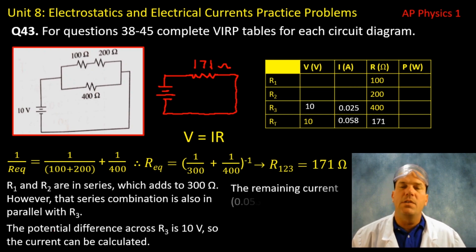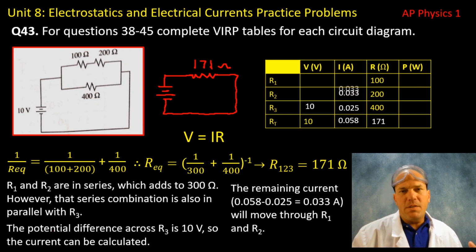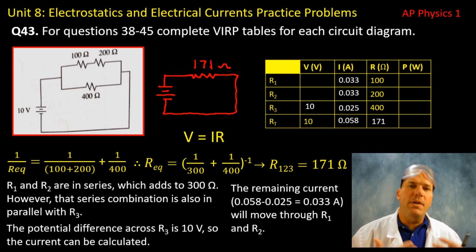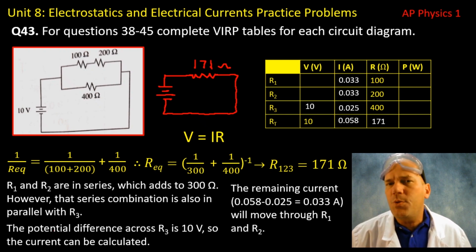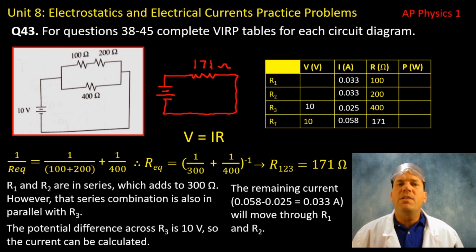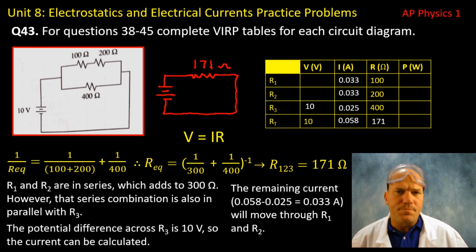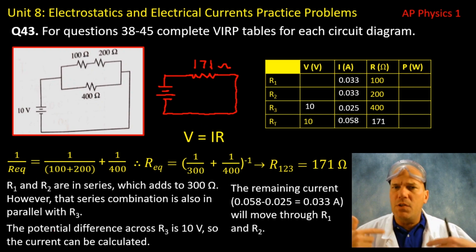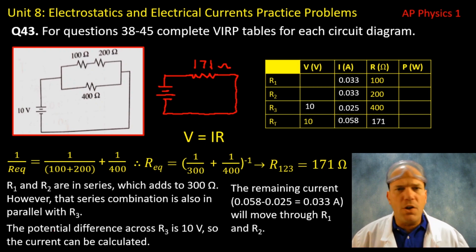in series. Okay, so we can say 0.058 minus 0.025, and that gives us 0.033 amps, which is going across that upper branch. Now, the upper branch has two resistors in series, and what do we know about resistors in series with regards to current?